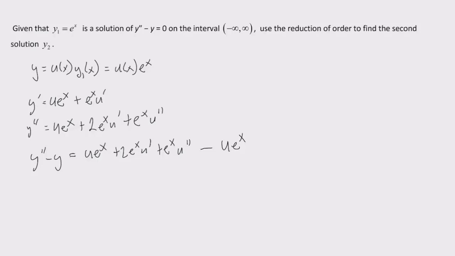Well, actually, some terms cancel: there's u e to the x and minus u e to the x, so that disappears. That leaves 2 e to the x u prime plus e to the x u double prime, and I can factor out an e to the x, which gives me 2 u prime plus u double prime.